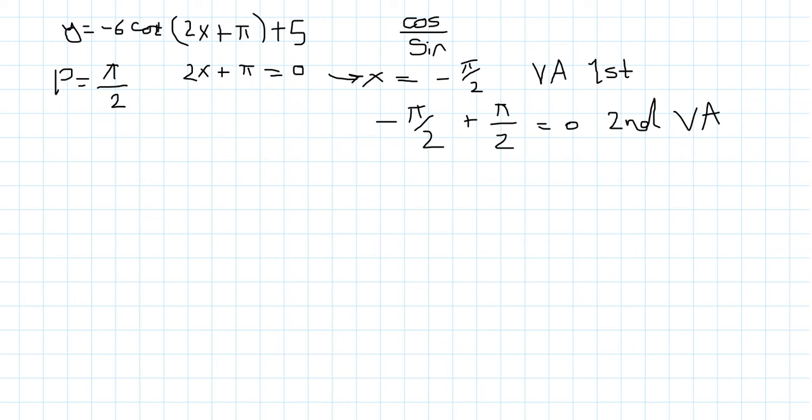And now I want to find where y equals 0. Then I say the bracket of minus 6 cot should be equal to 0.